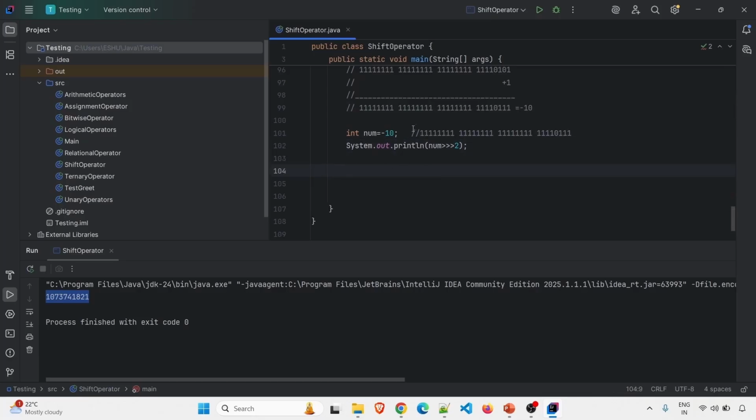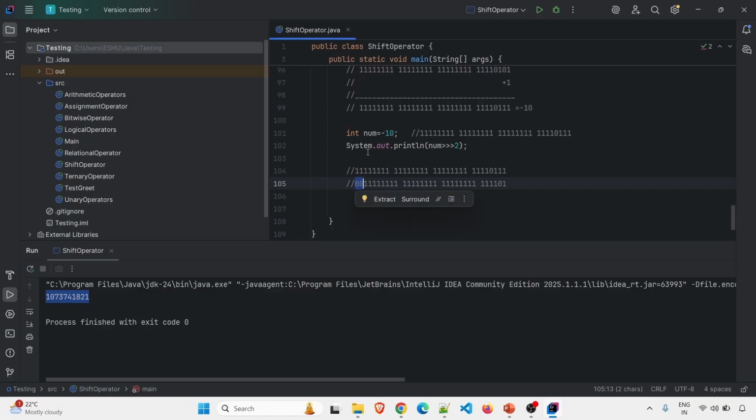The procedure will be the same: take this number and shift it to the right side by 2 bits, 1, 2. I will remove the extra bits from the right side, and in the vacant spaces I have to add 0 instead of 1. Why am I adding 0 here?